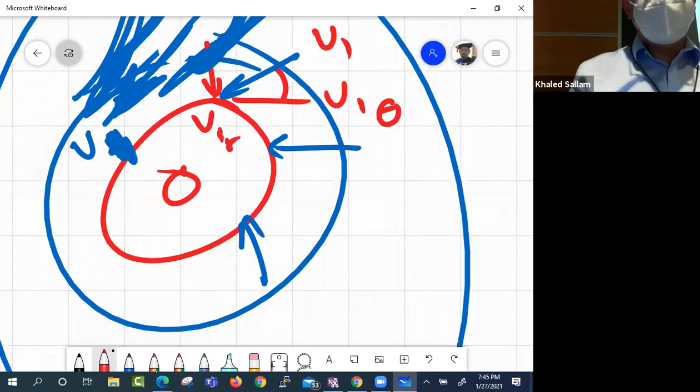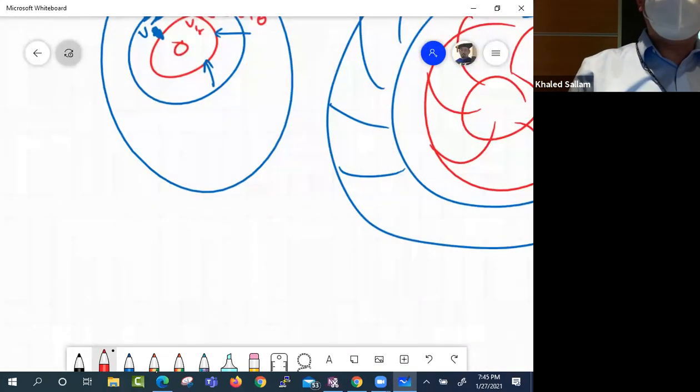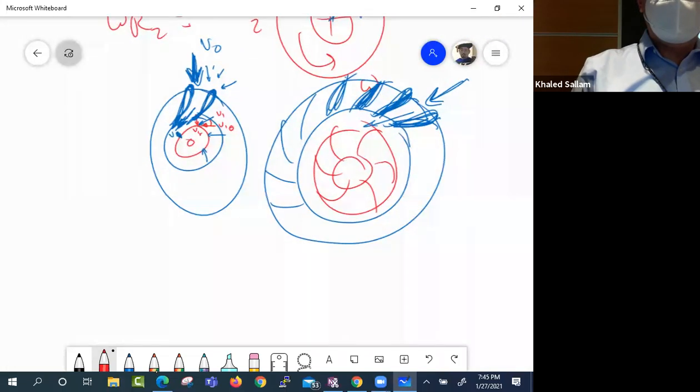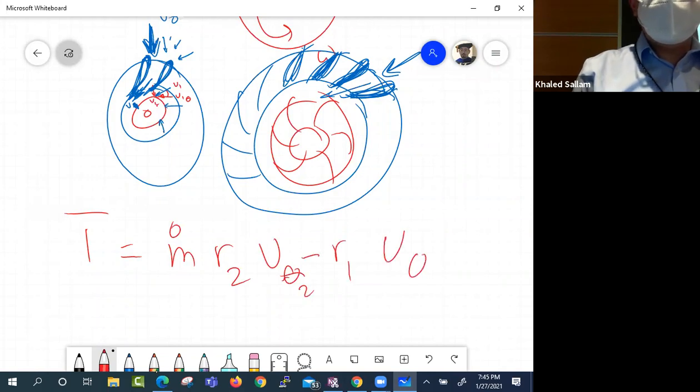Make sense? And that V1 theta is the one that we care about, because the equation for the torque is all about this V1 theta. The torque is m dot times (R2 V theta 2 minus R1 V theta 1).